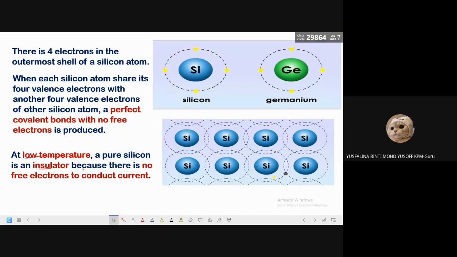So when it's low temperature, the silicon here will become an insulator, meaning the current cannot flow. But the resistance of the semiconductor at low temperature is high. So the resistance of the semiconductor here, silicon and germanium, will be higher at low temperature.